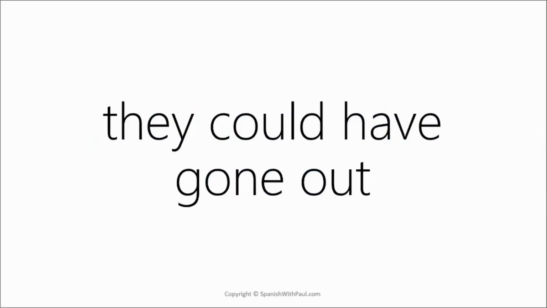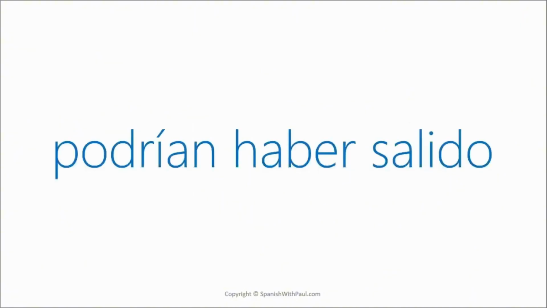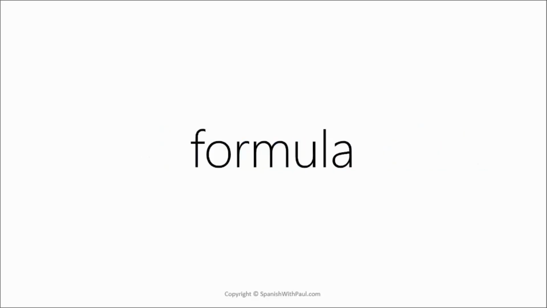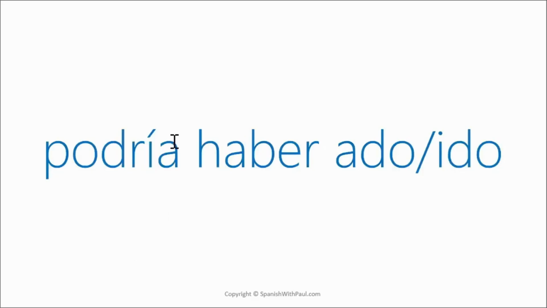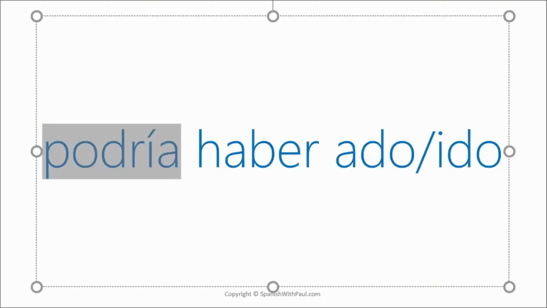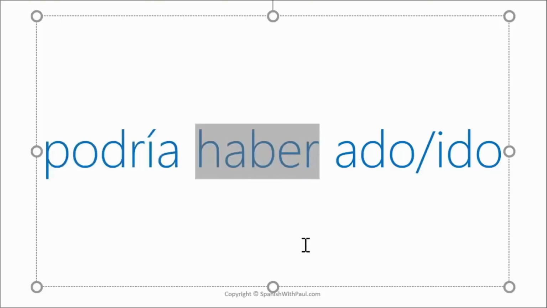They could have gone out. Podrían haber salido. So here you have the formula we use for could have. You will take podría and conjugate that to whatever angle you want, followed always by haber, and then the ado or ido sound.